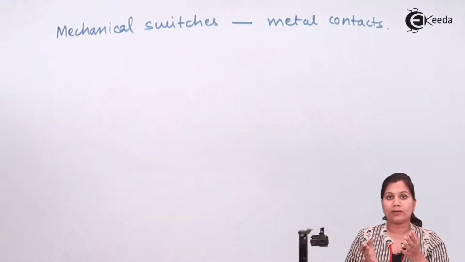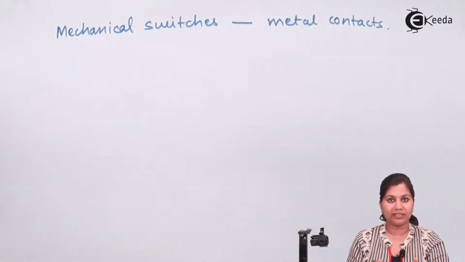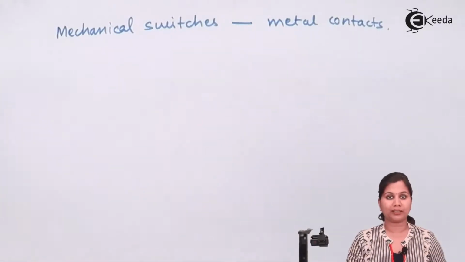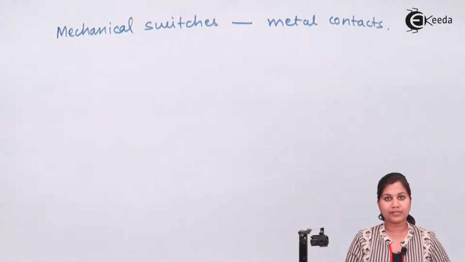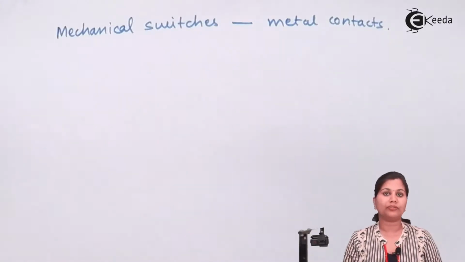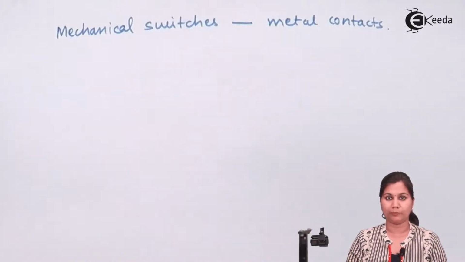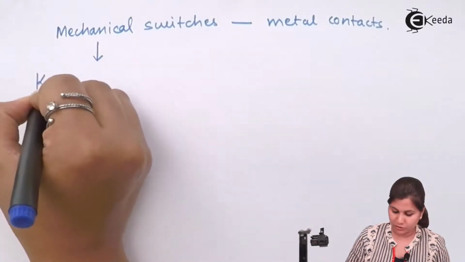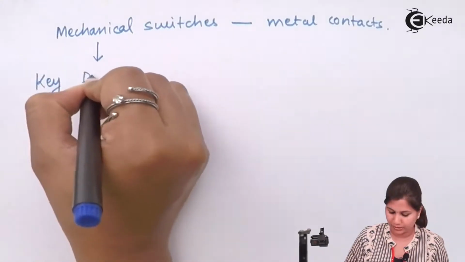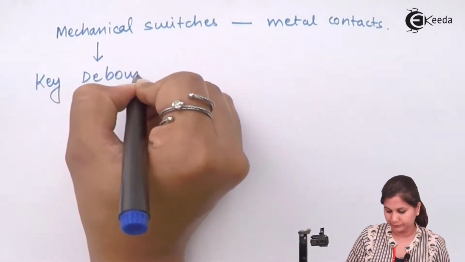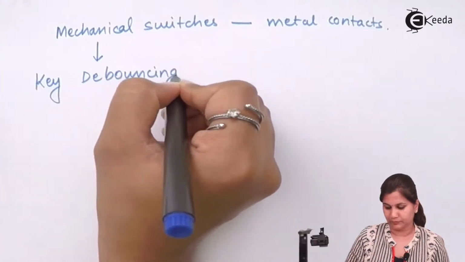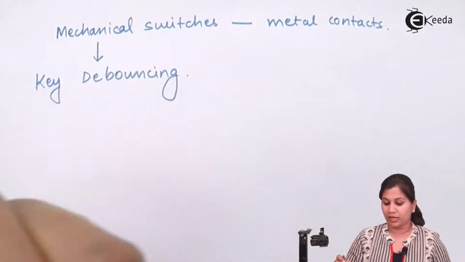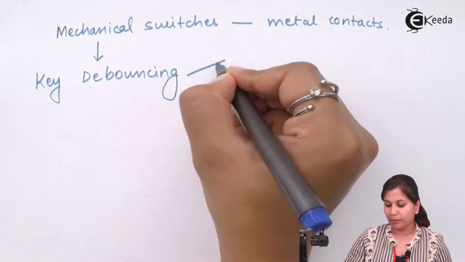Okay, and now as in the keyboard we are having these mechanical switches, the push button type, the mechanical switches are present. So in keyboard also we are having this bouncing problem. So for that, the mechanism used to remove this is called the key debouncing. Okay, now this key debouncing is done by two ways.